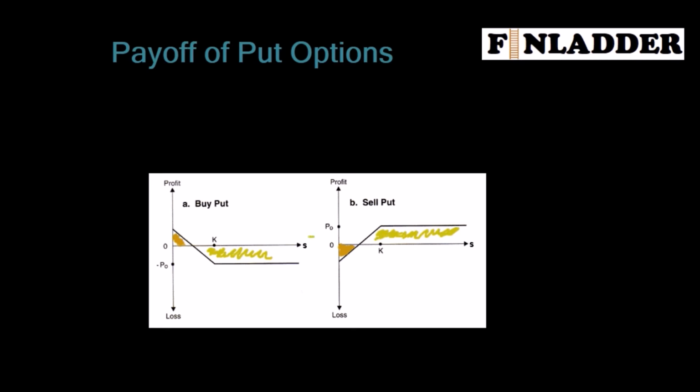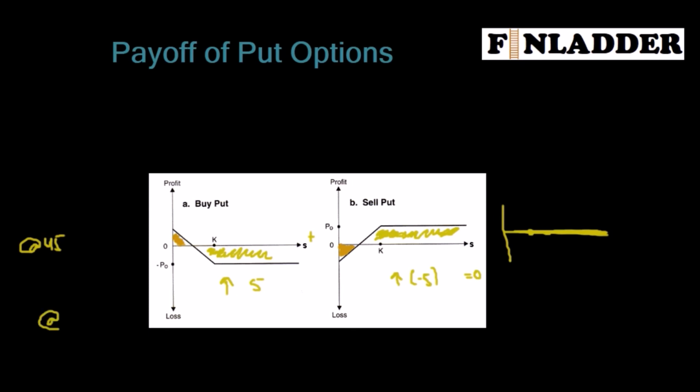If we add these two, the profit or loss would be the same line passing on the x-axis, because if here at 45 we made a profit of 5, here we will be making a loss of 5, and the final result would be 0, which would be on the x-axis.